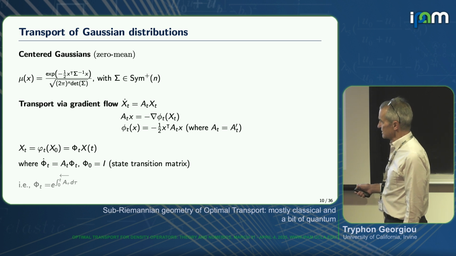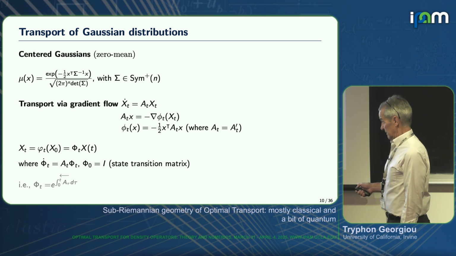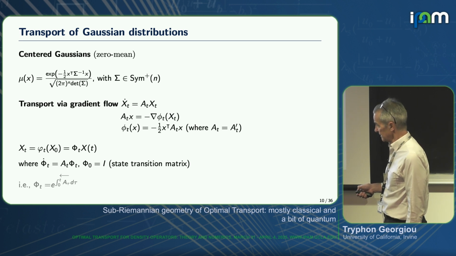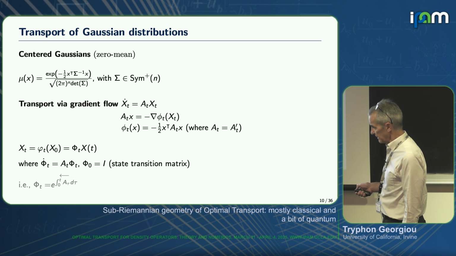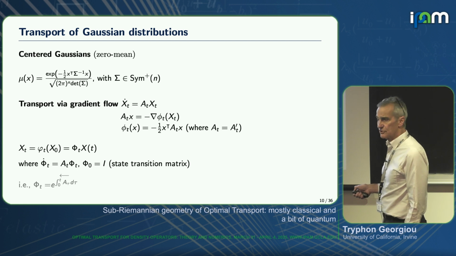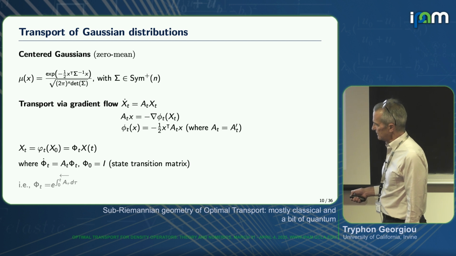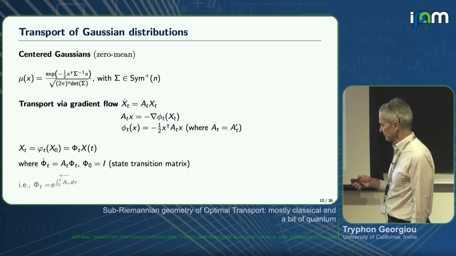And because we are in this Gaussian linear setting, with linear dynamical equations, the diffeomorphism that is effected by the gradient of phi is basically linear, and this matrix capital Phi is what is called the state transition matrix, and is the solution of this matrix differential equation, initialized at the identity. And this is basically the time-ordered integral of these time-varying A's, okay?